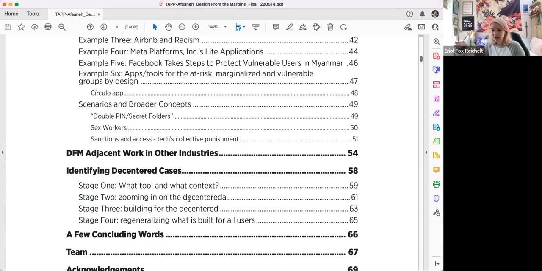There's then talk about how designing for the margins is done in other industries, which is so completely true, that there are many other industries which would not exist or operate if they weren't making sure that the most vulnerable people were not going to be harmed.